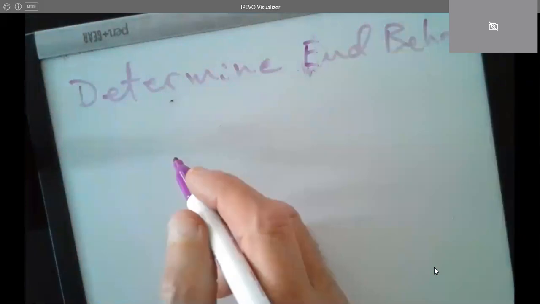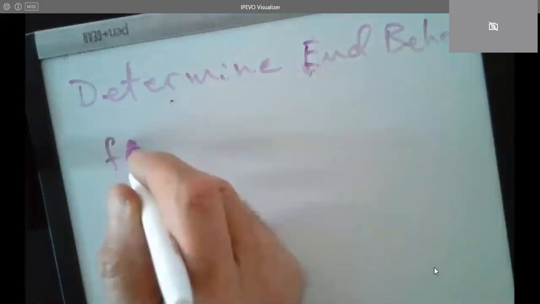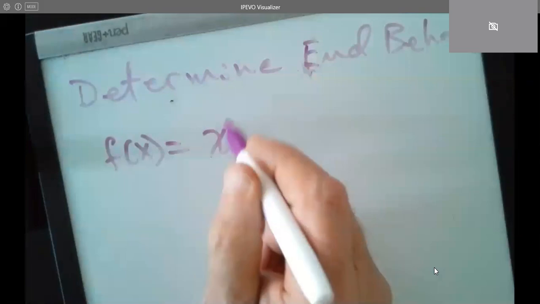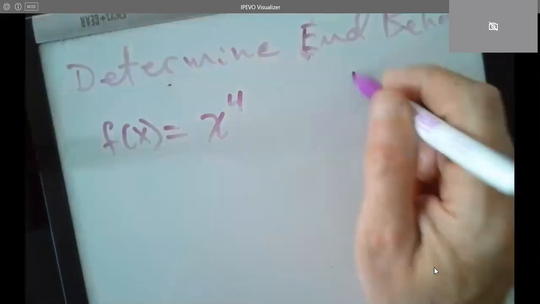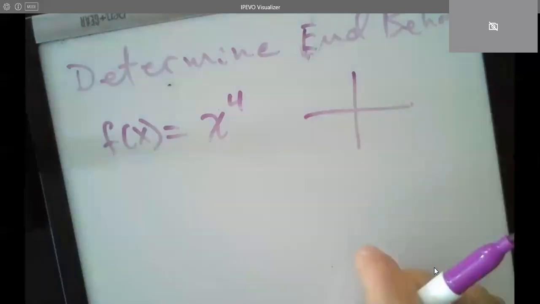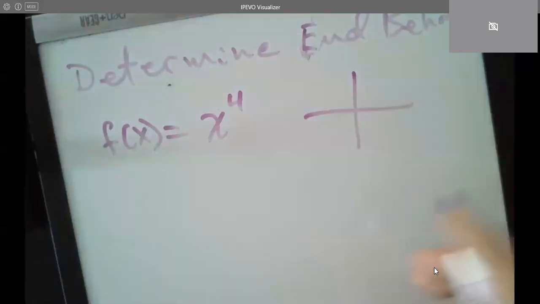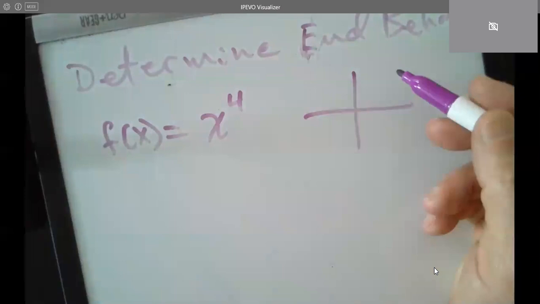Okay, we've got f of x equals x to the 4th. So what you're going to do is draw a graph, and you've got lines to the right.